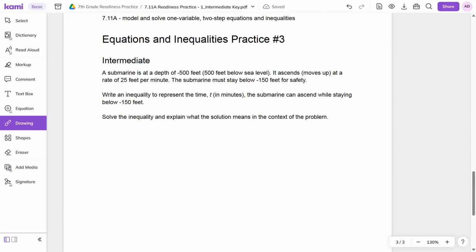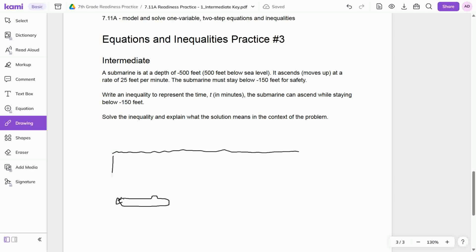Now, we've got a third problem, and it's another word problem. So we have a submarine. It's at a depth of 200 feet. All right, so this is my submarine here. And it is at minus 500 feet.